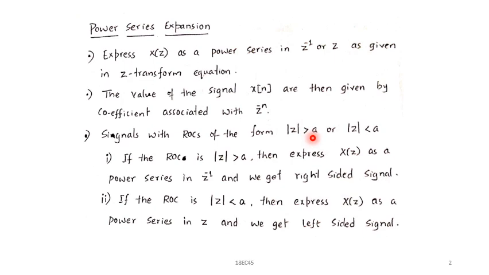If the ROC is mod z greater than a, then express X(z) as a power series in z inverse, negative powers of z, and we get a right sided signal. If the ROC is mod z less than a, then express X(z) as a power series in z, that is in terms of positive powers of z, and we get a left sided signal.